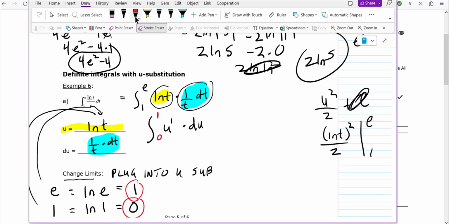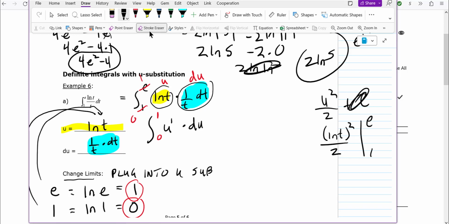And you change the limits by plugging into the u sub. Does that make sense? Okay, so everything's accounted for. This is u, this is du, and then these things changed from 0 to 1. Does anybody have a question about how I did that? Yay, nay? Okay, all right.